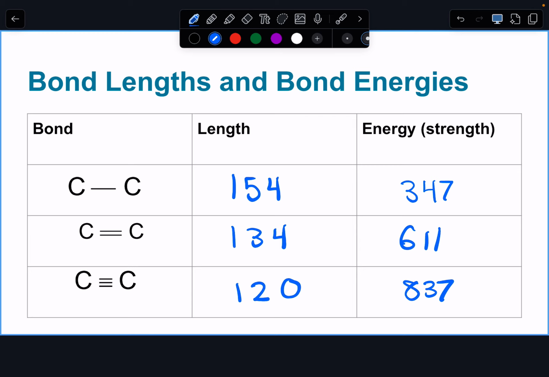If we add additional attractive forces, which is what a bond is, they get pulled in closer and it takes more energy to break them apart. So bond order 1, 2, and 3: the triple is going to be the strongest and the shortest.